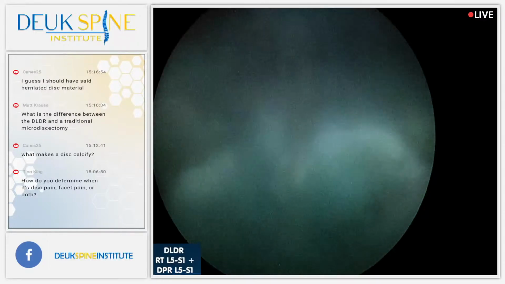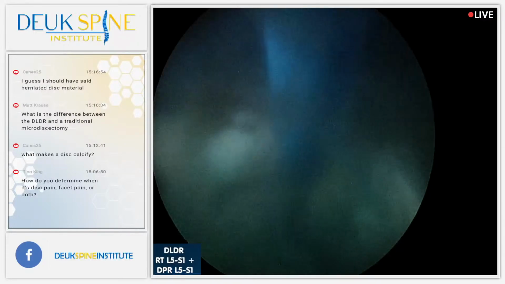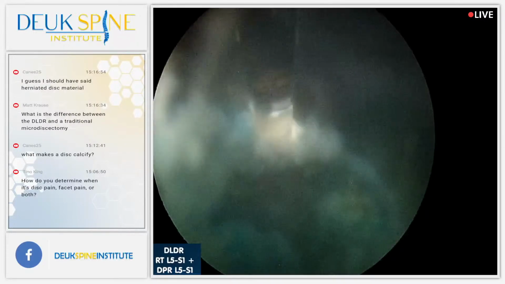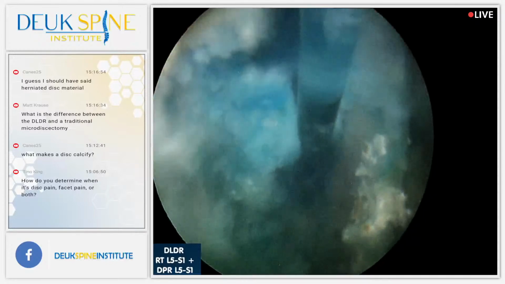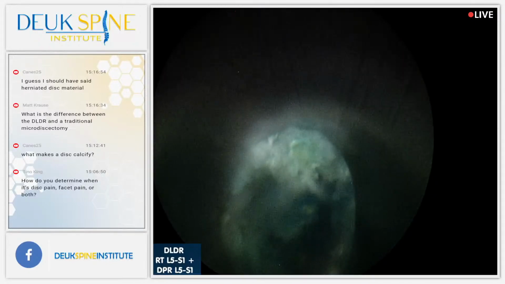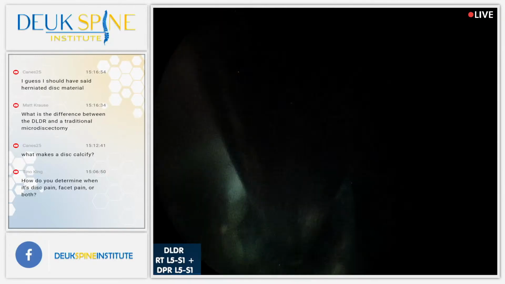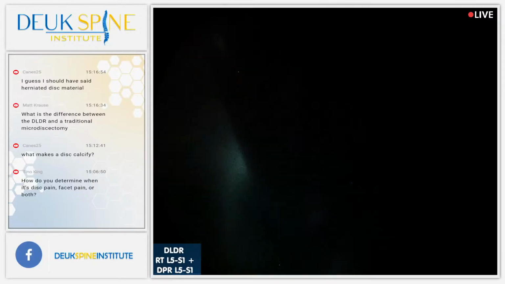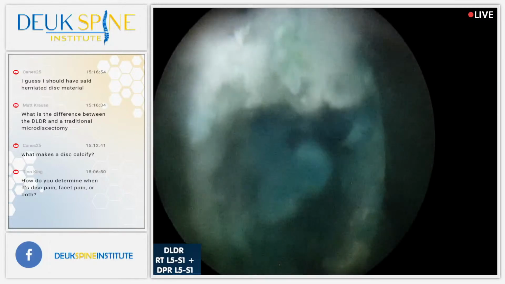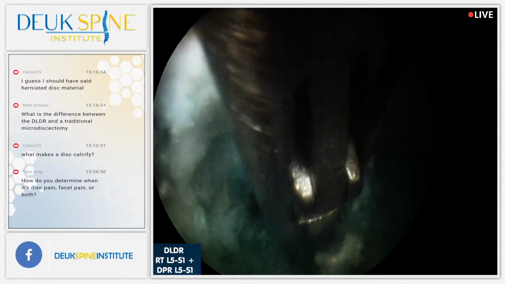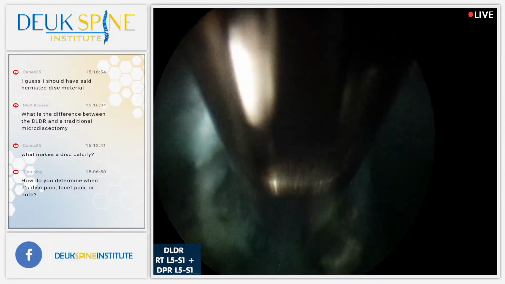For example, with ankylosing spondylitis, you'll see calcification of the spine, so autofusion, the spine is fusing itself. But I'm sure there are other conditions similar to ankylosing spondylitis where calcification of the discs can occur. But it's not a common thing, thank God.